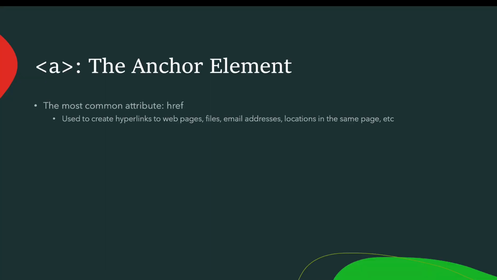Well, the anchor element, with its most common attribute, href, is basically used to link to something else, right? Basically, all it does is that it creates a hyperlink in your website.